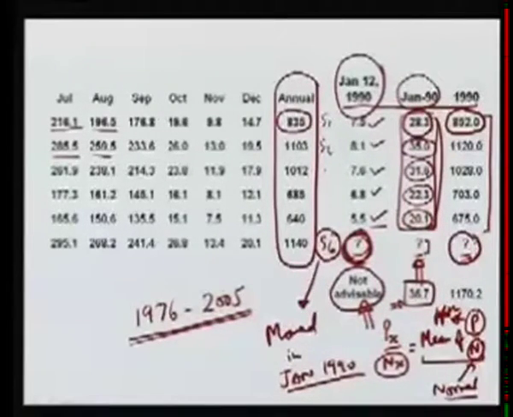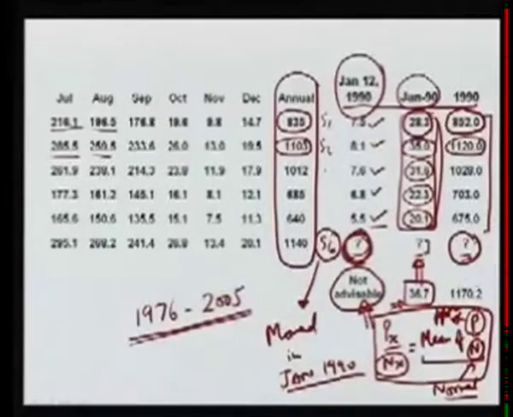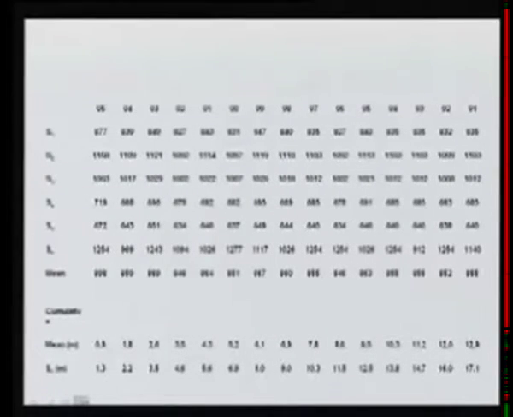Similarly, for station S2, actual rainfall is 1120, normal is 1103. So using this data, again using the same equation, we can estimate that the annual rainfall at station S6 during 1990 was 1170.